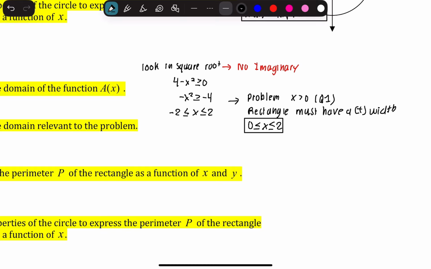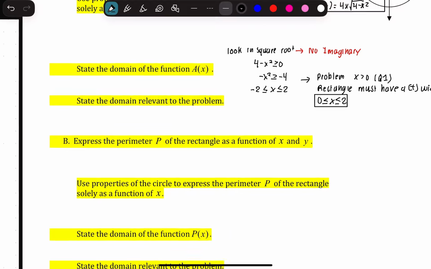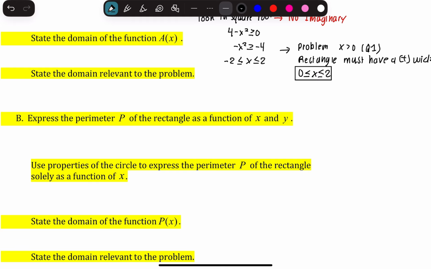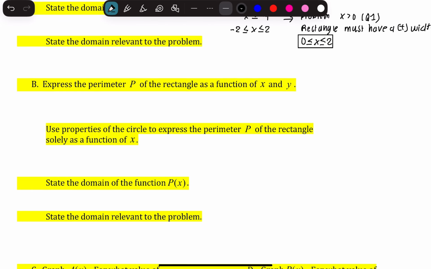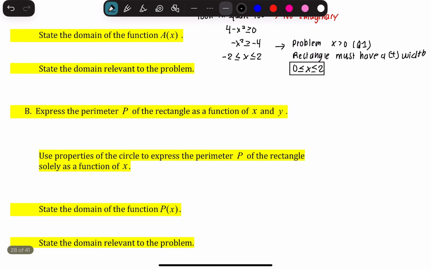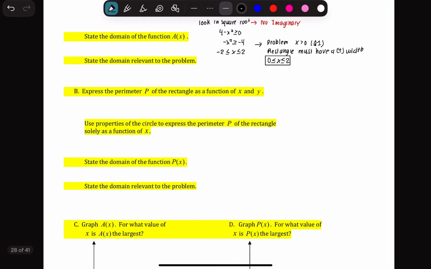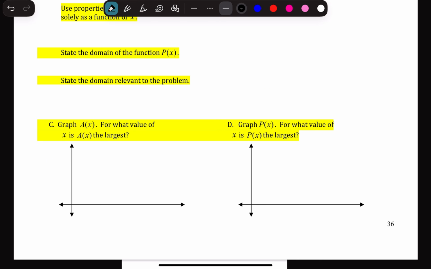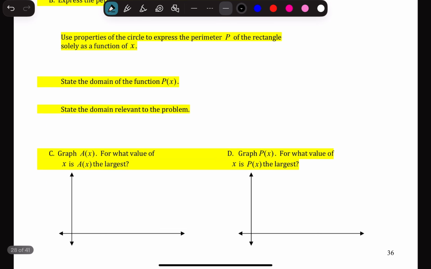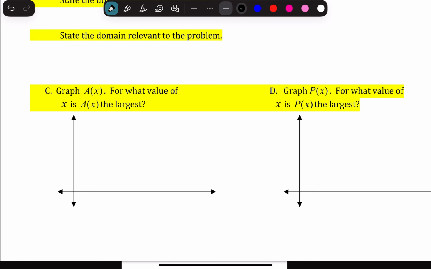Okay, so now graph A of x and find where the area is largest. For this, we can just move down here.